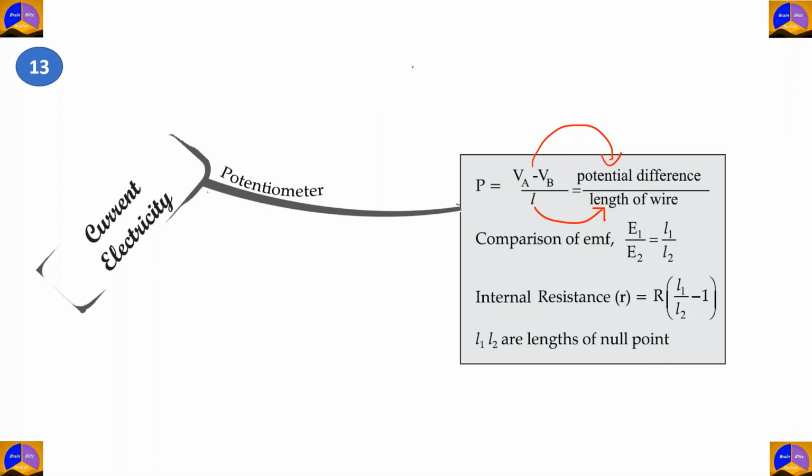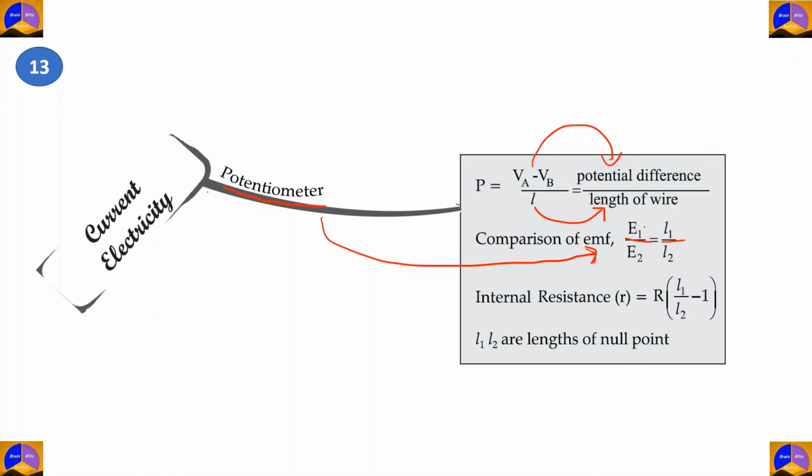Now, there are two experiments which help us to find out two different quantities using a potentiometer. The first is the comparison of EMF. Using Kirchhoff's law, we will get the formula for comparison of EMF as E1 by E2 is equal to L1 by L2.